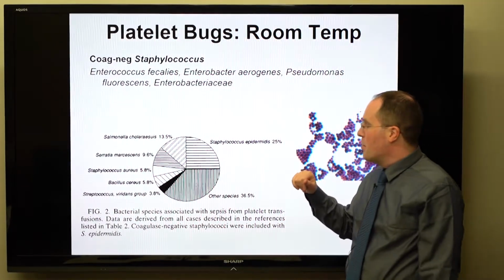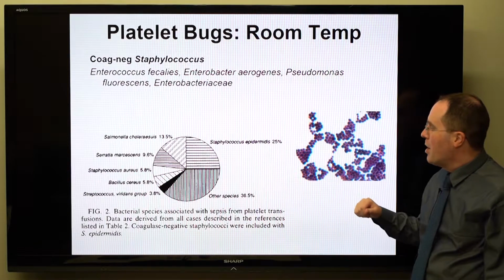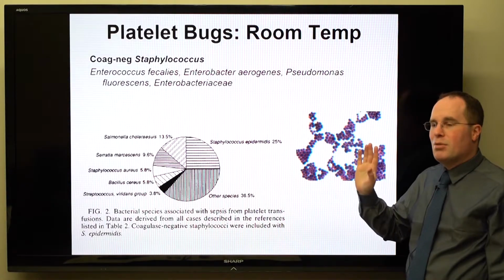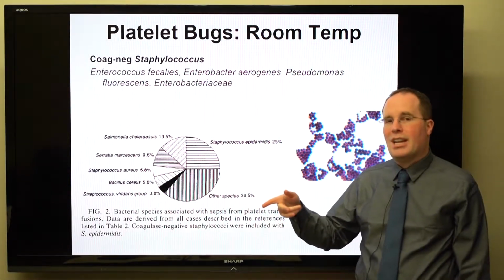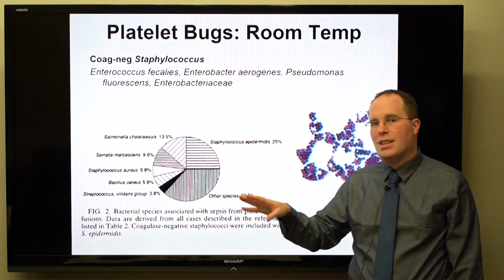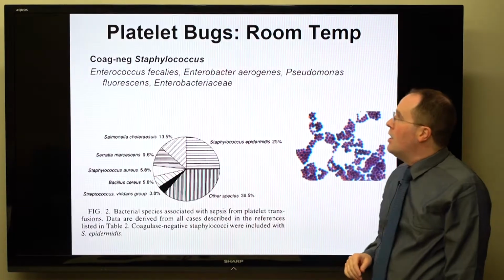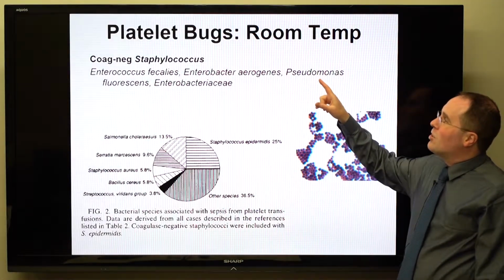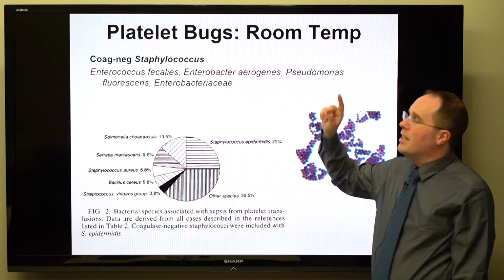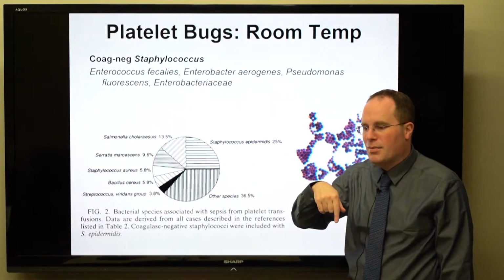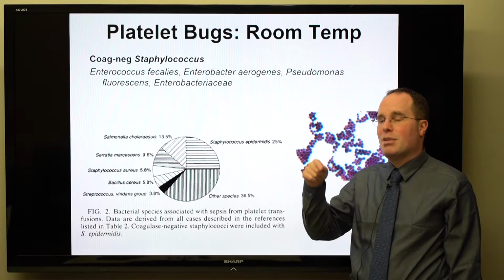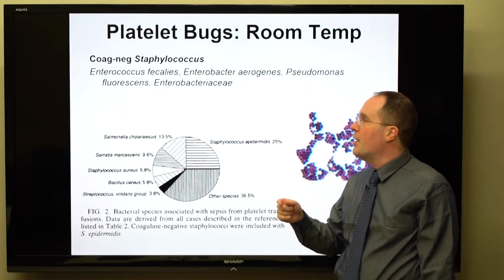So staph epidermidis is the most common, some gram-positives in platelets as opposed to a lot of gram-negatives and cold-loving bugs in the red cells. So this is describing bugs that grow in platelets that have been implicated in septic transfusion reactions, right?